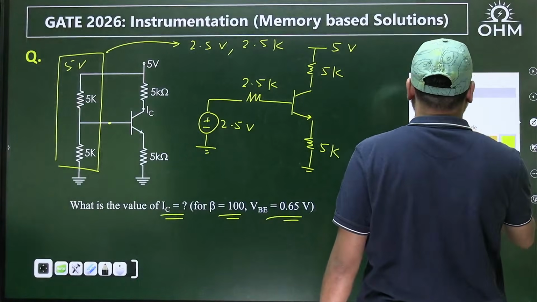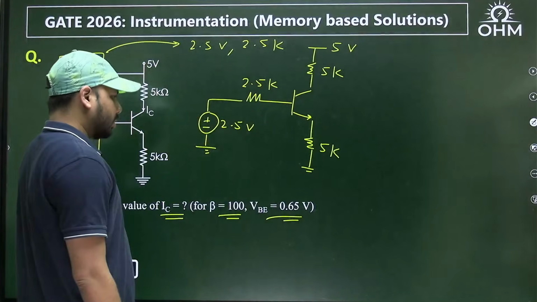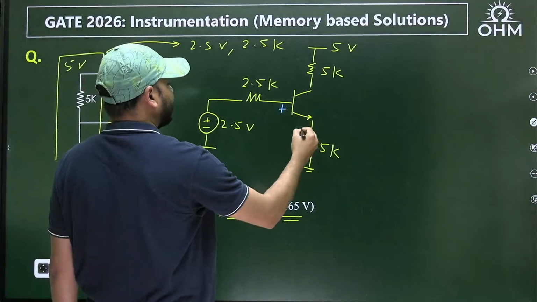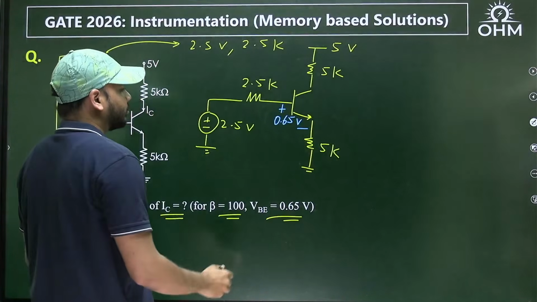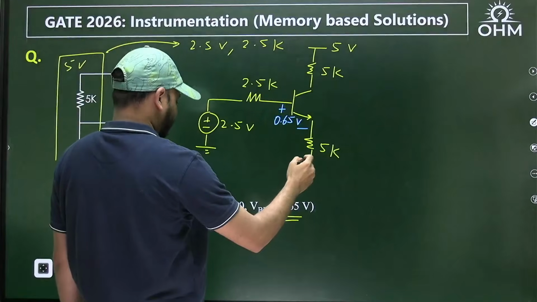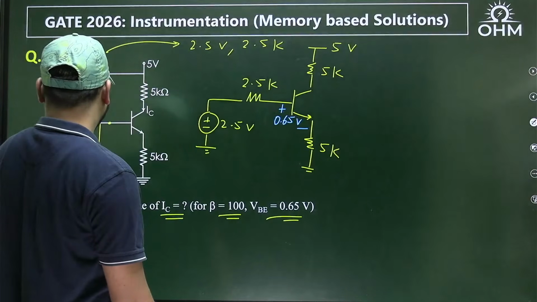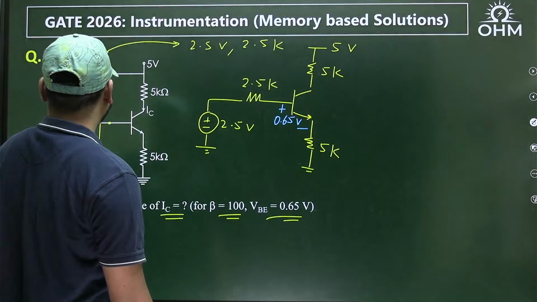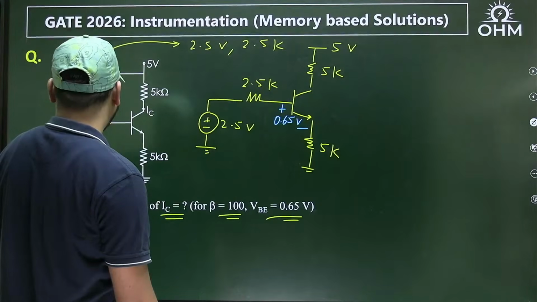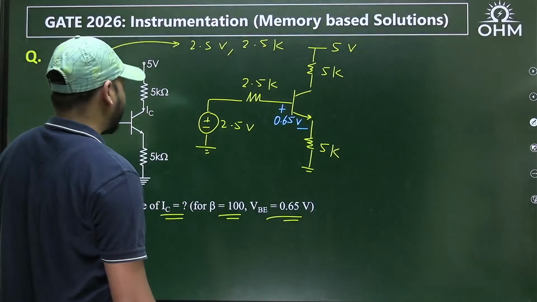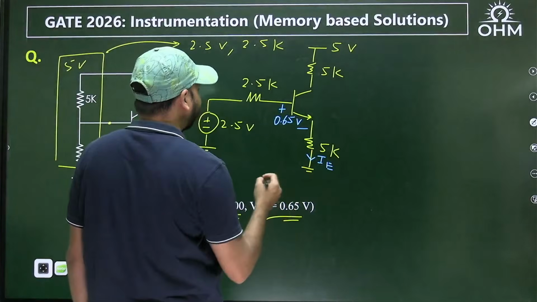So VBE is 0.65. This current is the emitter current.